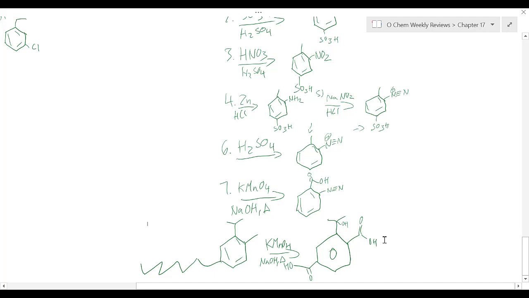Now you might be thinking, I thought a secondary would turn into a ketone. That's correct, but a ketone can then later be further oxidized into a carboxylic acid. And if you notice, this tertiary alcohol will remain as a tertiary alcohol. Now I can't remember if it adds on the OH or if it leaves it as isopropyl, but for the most part, this should be right.